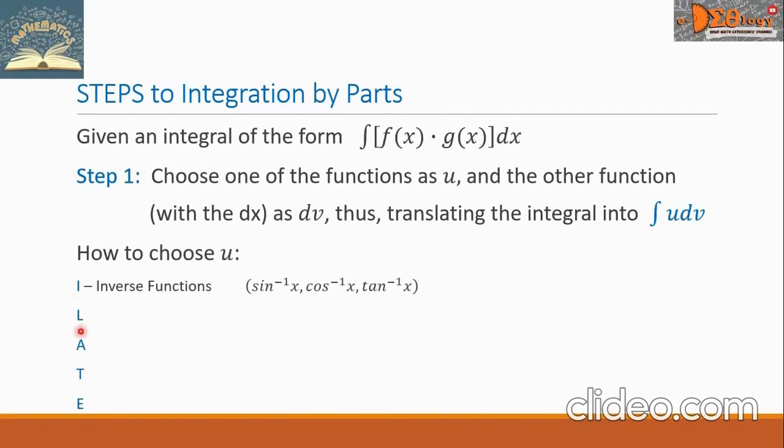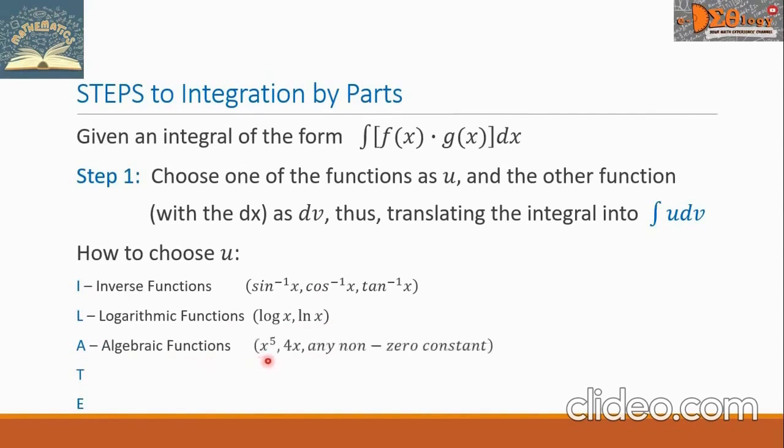The letter L stands for logarithmic functions. Examples are log x and natural log of x. The letter A stands for algebraic functions. Examples are x raised to 5, 4x, and any non-zero constant.